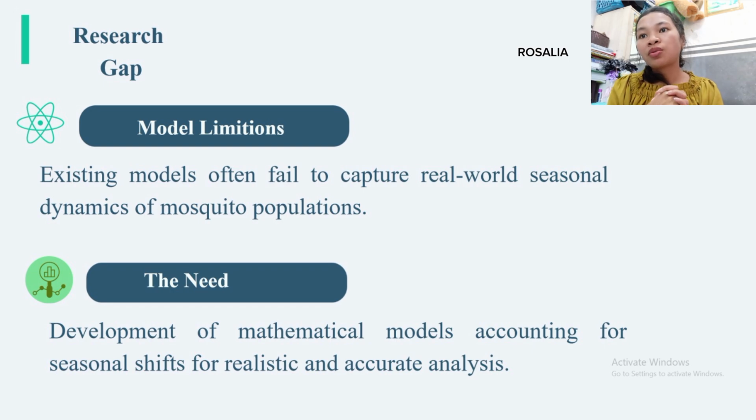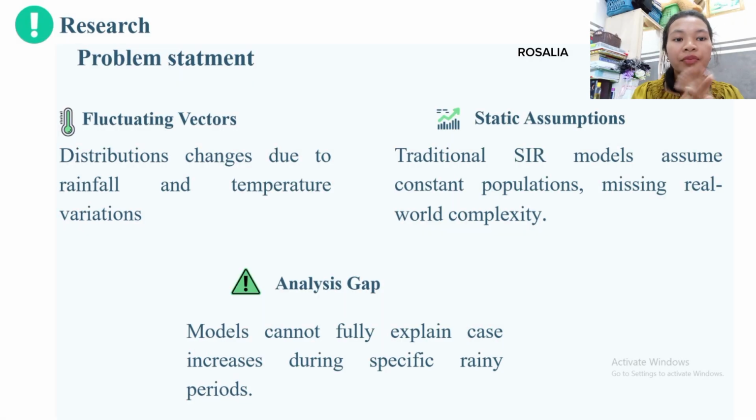Most models do not clearly include gains caused by rainfall or seasonal shift, even though these factors strongly affect dengue transmission. Therefore, there is a need to develop a mathematical model to consider seasonal change, so the analysis can become more realistic and accurate.